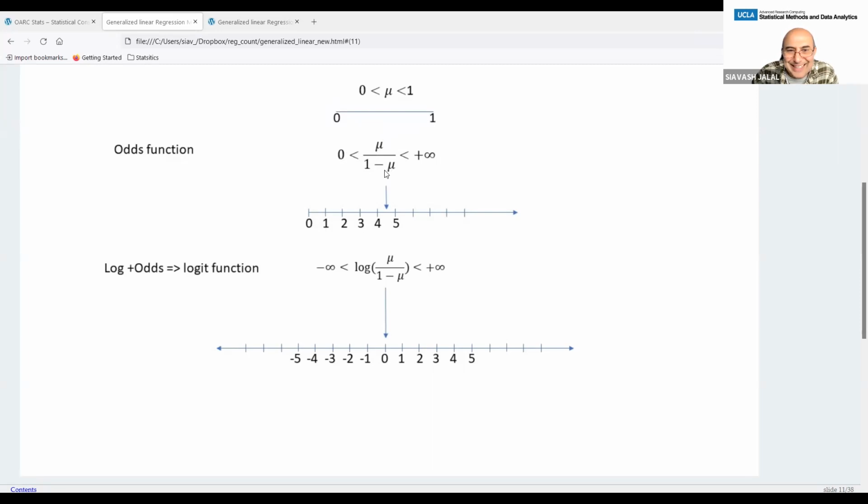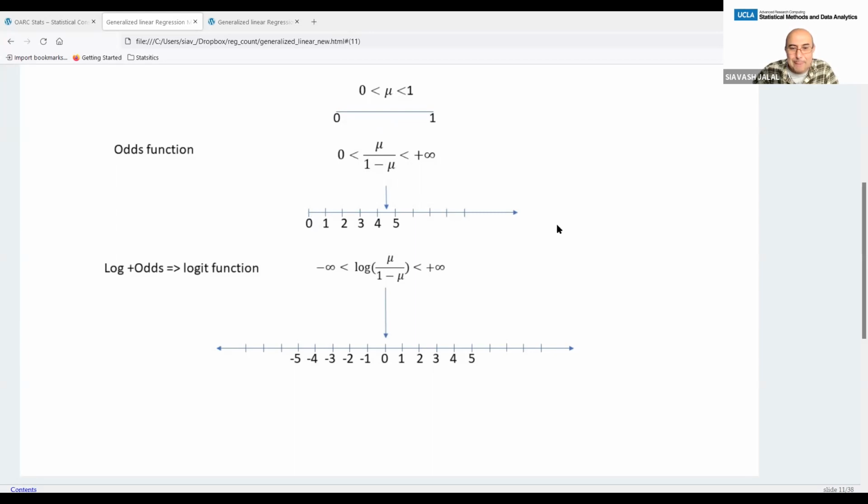As you see here, if I make the mu get closer to 1, the denominator gets closer to a very small number, closer to 0. So the whole thing goes to infinity. So by dividing by 1 minus mu, I made this mu transformation able to go from 0 to infinity.